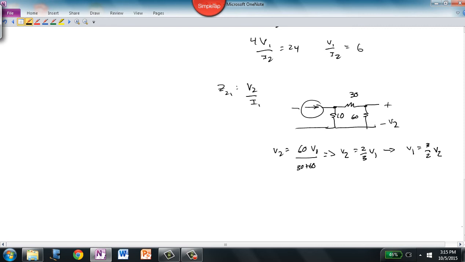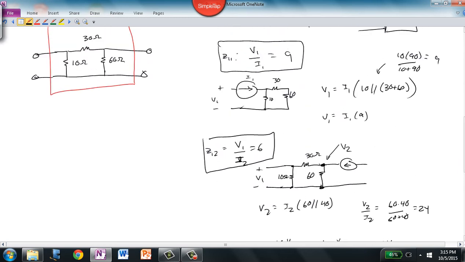So if you notice, this circuit here is the same as this circuit here, so I'm just going to use this equation right here and plug in for the relationship I just solved.